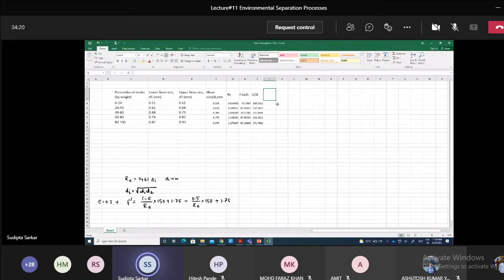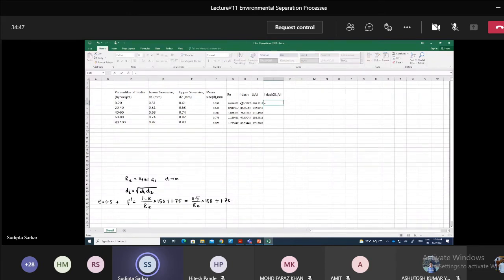We want to find out f dash times Li by Di, right? How to do that? Well, I'll just multiply these two columns, equals this one multiplied by this.